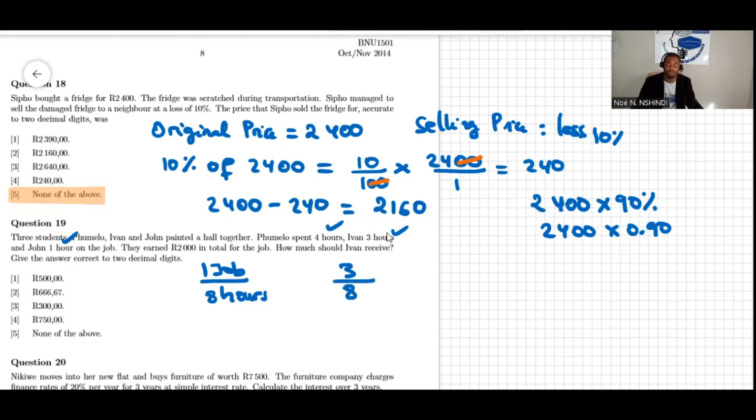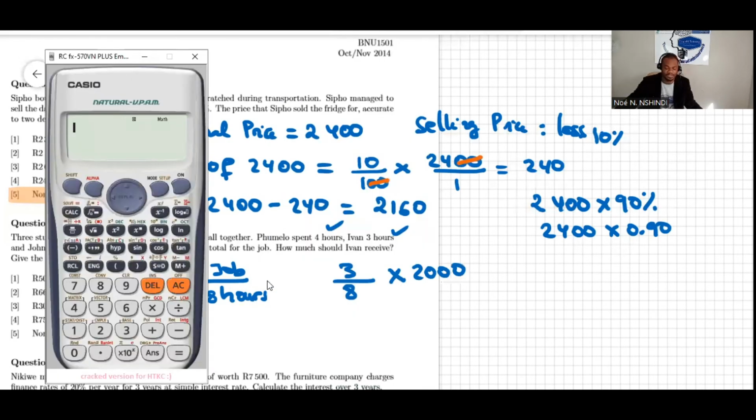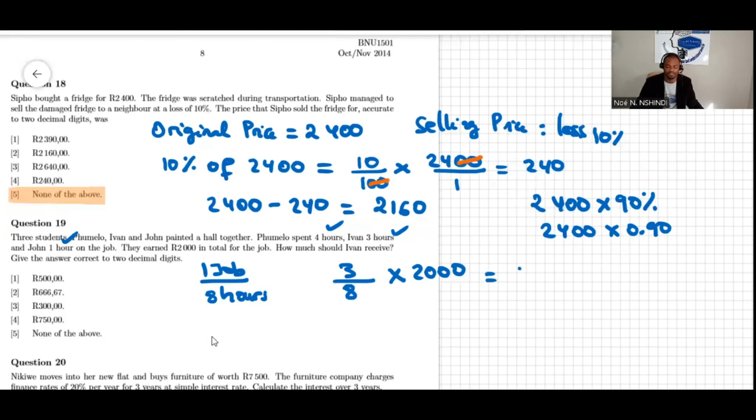The whole job costs 2,000 rand, so we do 3 over 8 times 2,000. 3 over 8 is the part of the job that Ivan did, 3 hours out of 8 hours, and then we multiply by 2,000 to get how much he receives. When we hit equal, that's equal to 750. So Ivan will get 750 rand.